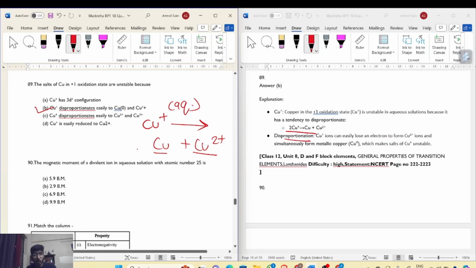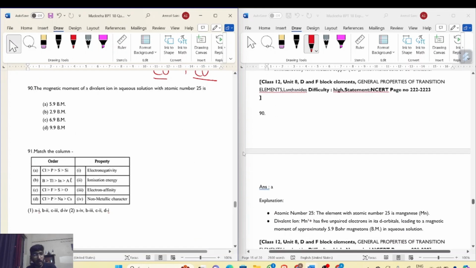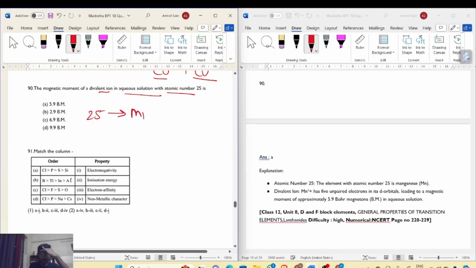Now question number 90. The magnetic moment of a divalent ion in aqueous solution of atomic number 25 is, okay. So atomic number 25 is manganese and it is written divalent, means Mn2 plus oxidation state is there.